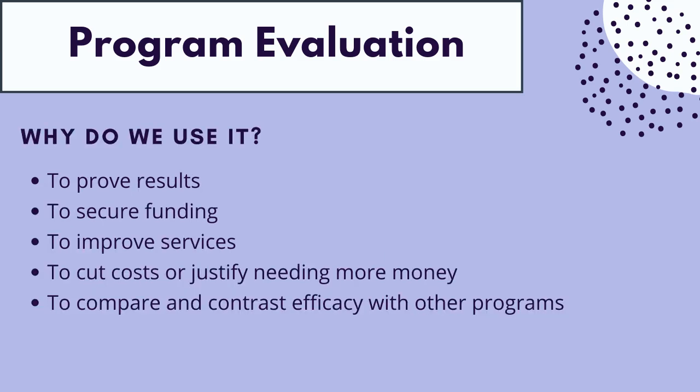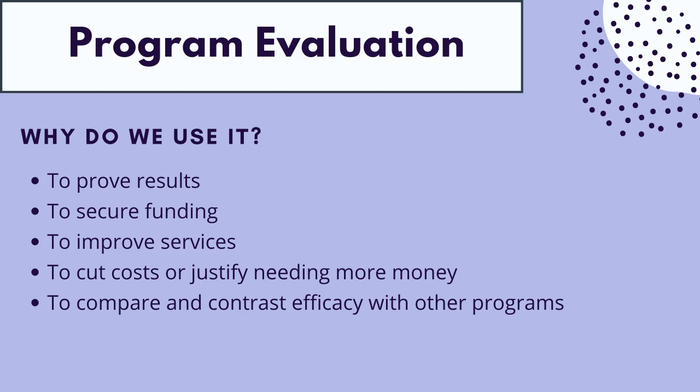So why do we use program evaluation? There's a variety of different reasons, but some of the key reasons why we use it: to prove results, right? Is the program working? Is it not working? To secure funding. We know that resources can be very scarce and they can be very competitive. So you might be applying for a grant or you might be applying for some sort of money.